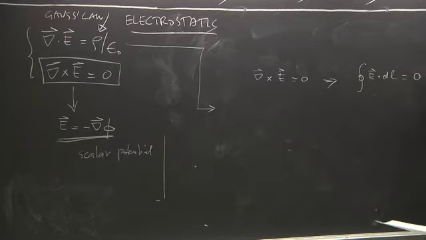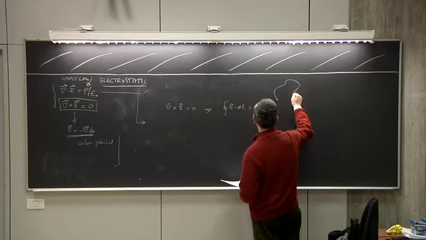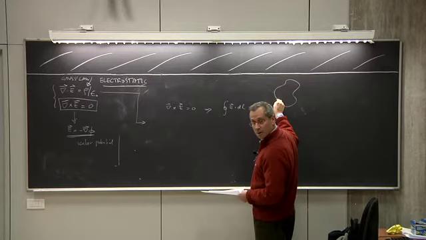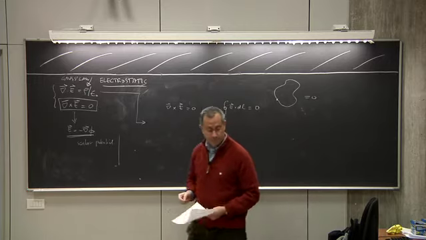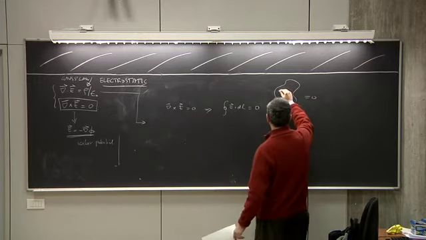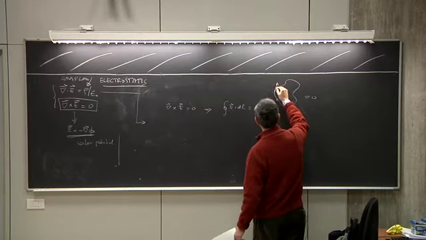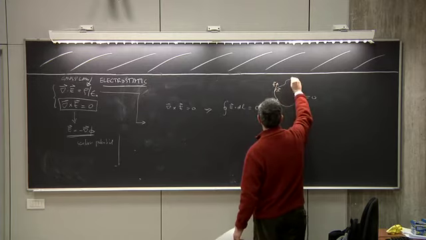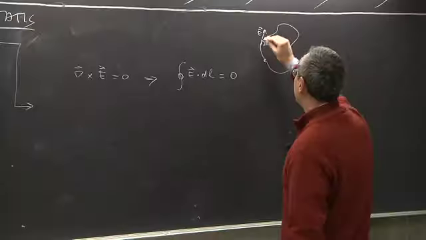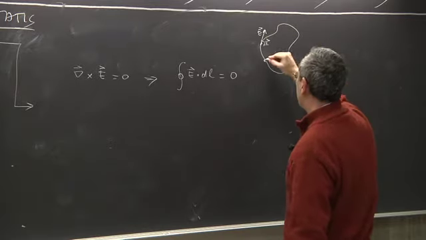So if you start here, go around, and come back here and do this integral, this gives you 0. This is the L vector, this is E. I go around, summing up these components, and I get 0.